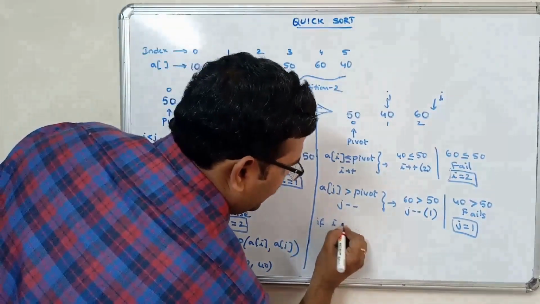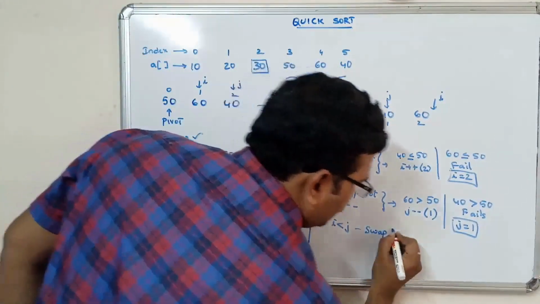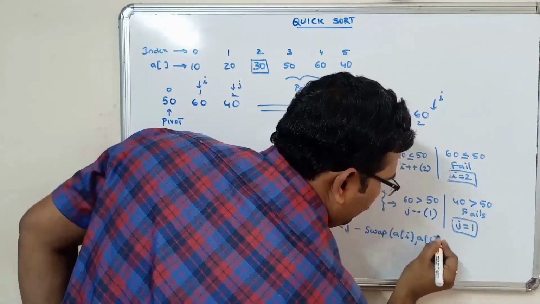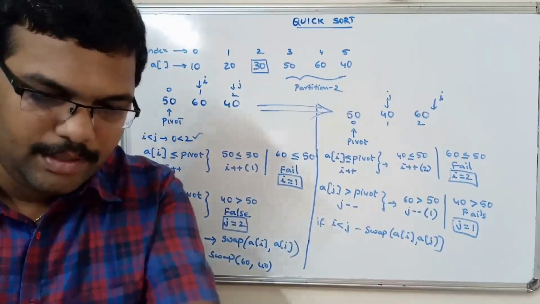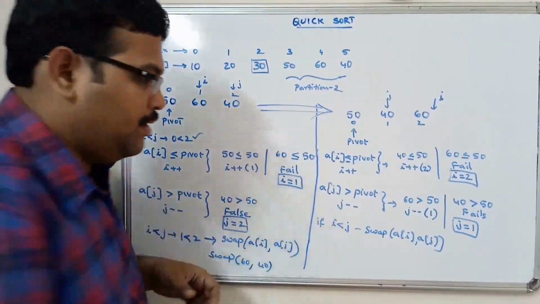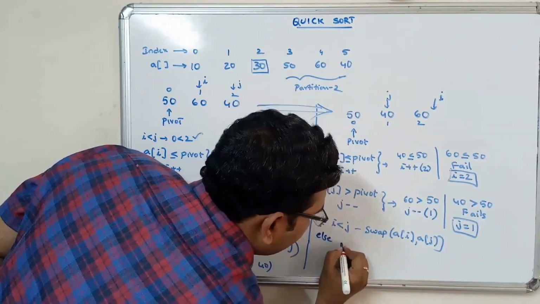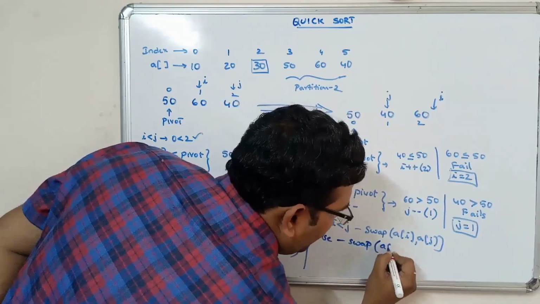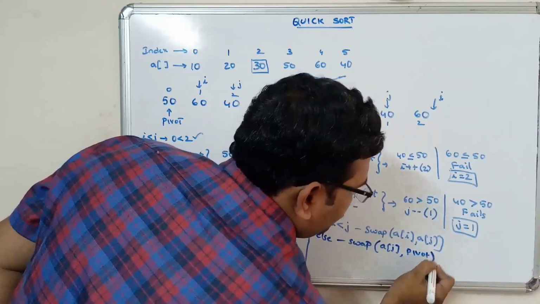So if I is less than j, then swap A of I comma A of j. Else swap A of j comma pivot.